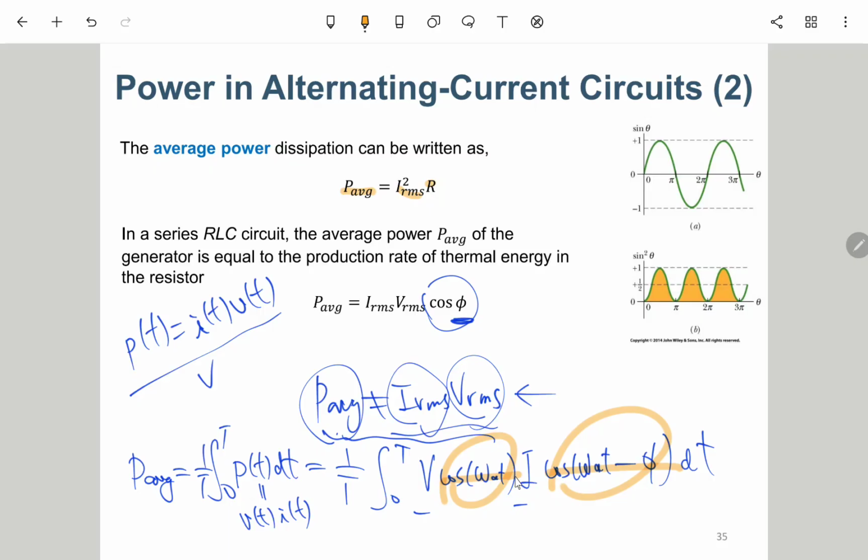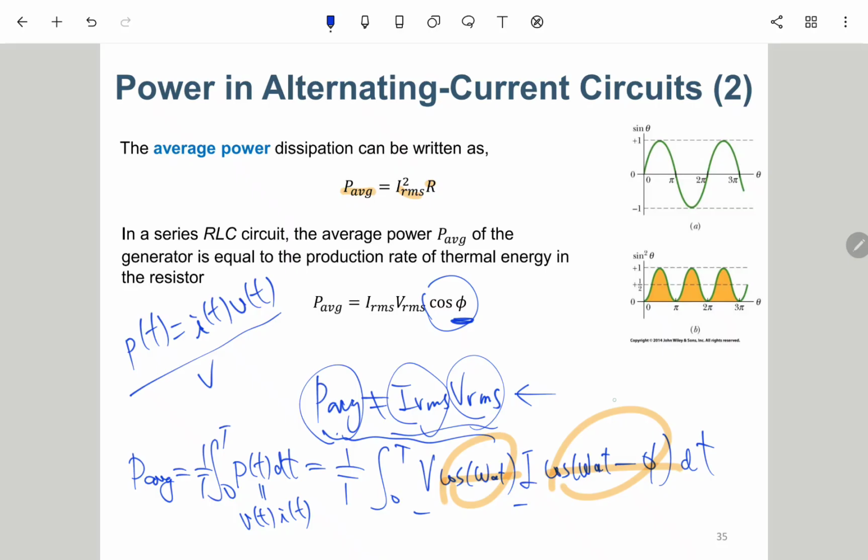So it goes out with another 1/2. So it turns out to be IRMS VRMS cosine phi, and the other term, when you integrate it, turns out to be 0, because it is still a sinusoid with double frequency.